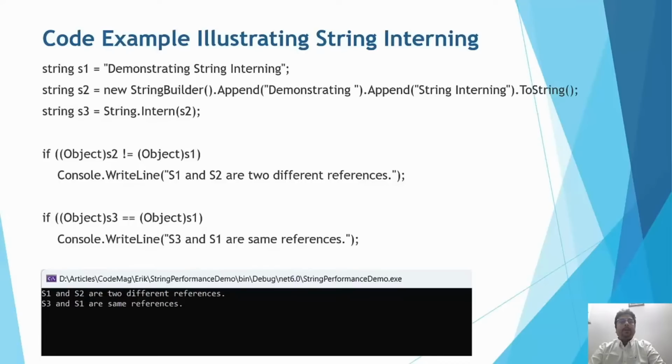The reason is that when you are creating S2, you are making a call to string builder, calling the append method, and calling ToString to convert that to a string. So that is an altogether new string instance being created. But when you make a call to string.Intern and pass S2 in order to create the reference S3, that is the same reference as S1, because it will be pointing to the same memory location.